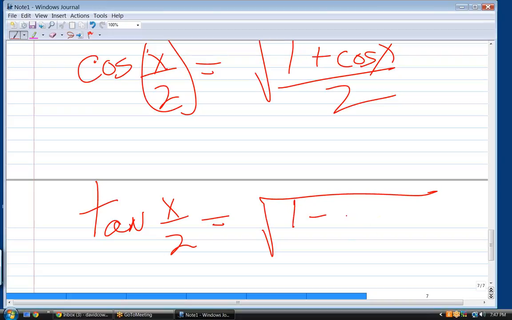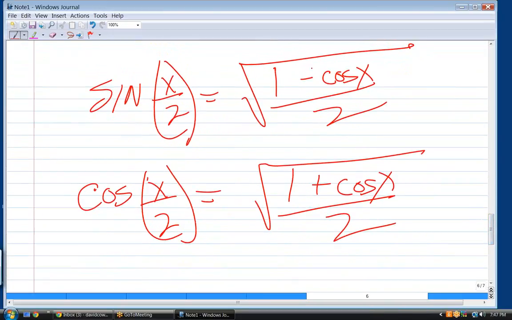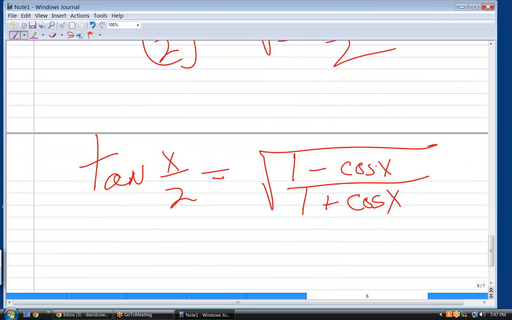That there were 3 identities for the tan half angle. The first one is kind of the obvious one, because tan is sine over cosine. So if I put this over this, the 2's go away, and I end up with the square root of 1 minus cosine x over 1 plus cosine x.